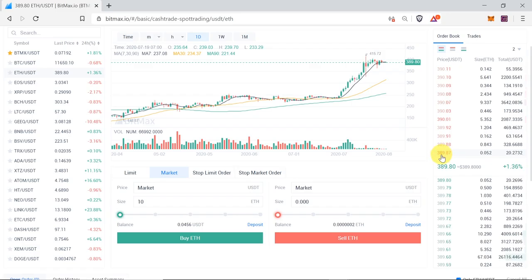Of course, if the first order on the list would be selling 10 Ethereum, we would just buy from the first order here.